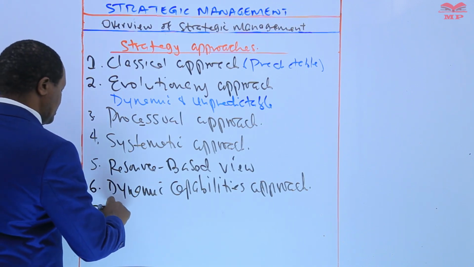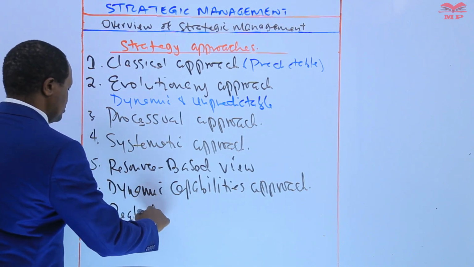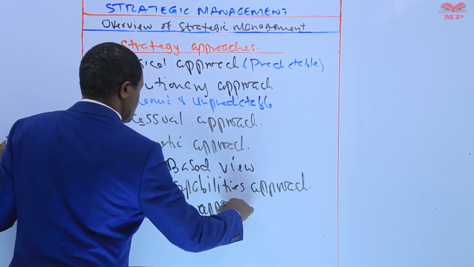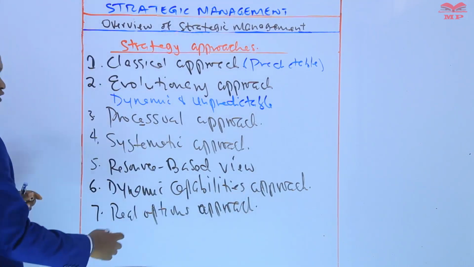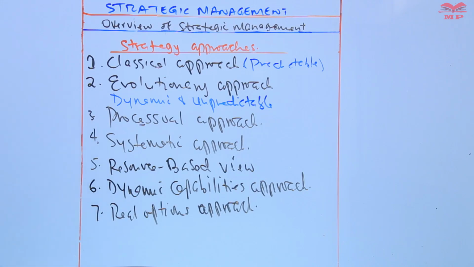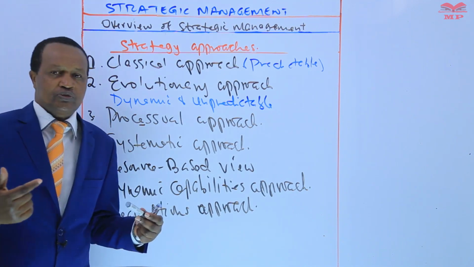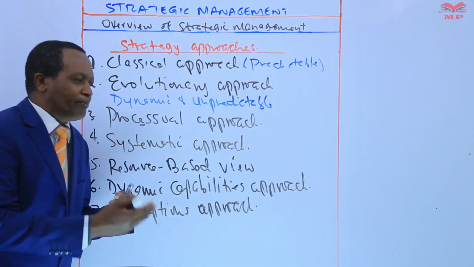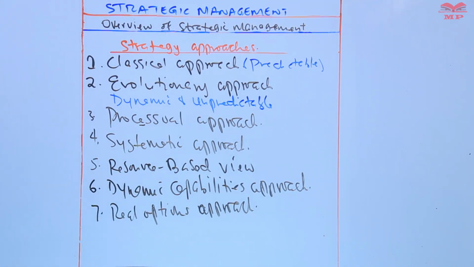Then lastly, we have the real options approach. Real options approach draws on financial option theory and views strategic decisions as options that can be exercised or can be abandoned depending on future uncertainties.